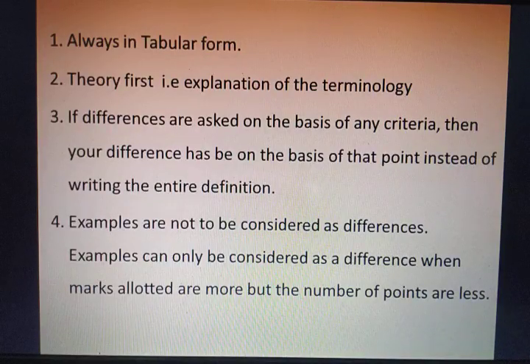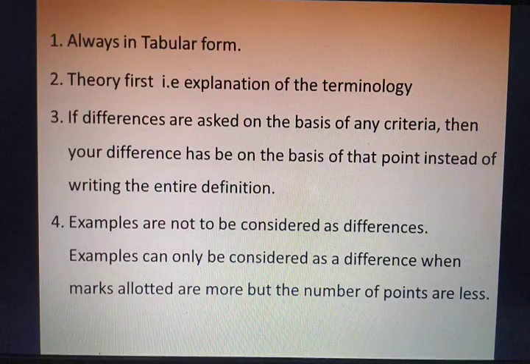The next is, examples are not to be considered as differences. Of course not. Suppose you are thinking about the difference between two animals, or for example, animals and birds.